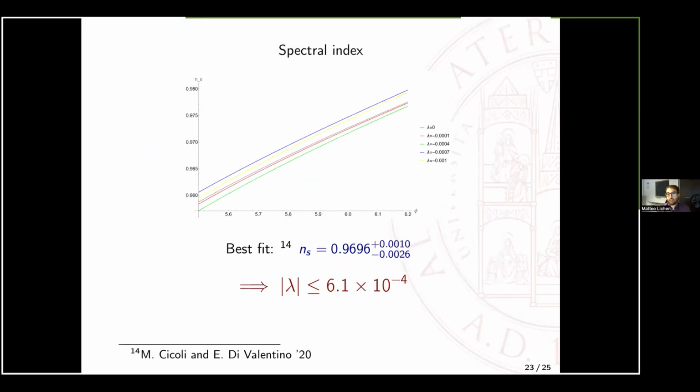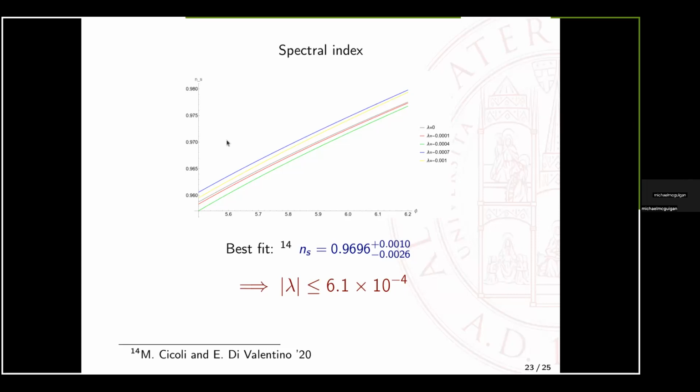That will reflect, if you look at this plot, in a higher value of the spectral index. So we are pushing the spectral index up by increasing the exit value of the inflaton. If you have the plateau it is different; instead, with these corrections you get a different value of the spectral index. Oh, excellent. Thanks very much.